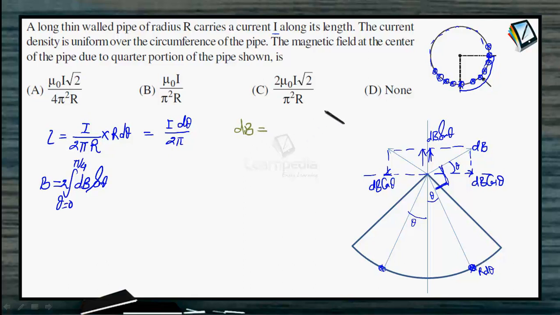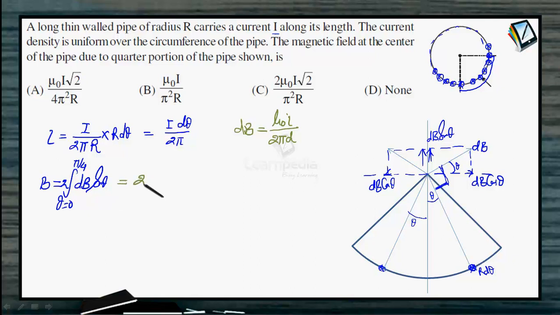We know that the field due to a wire of infinite length is given by mu naught I divided by 2 pi into the distance d. So here dB will be, in place of I, this current, and the distance d is equal to r. Now we can substitute all these values.